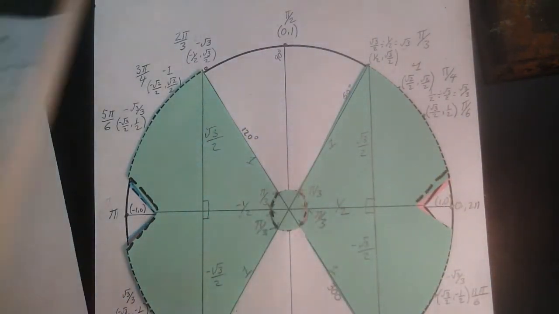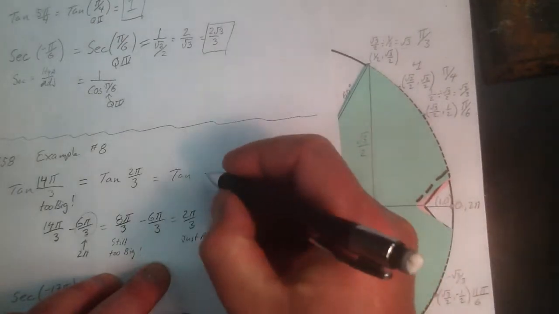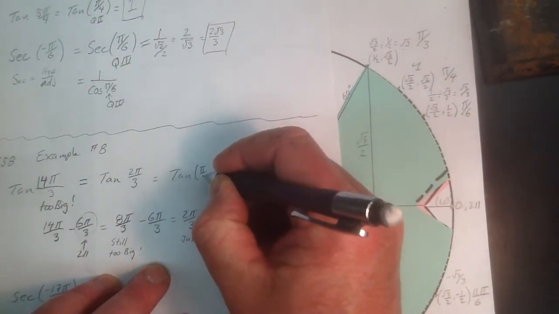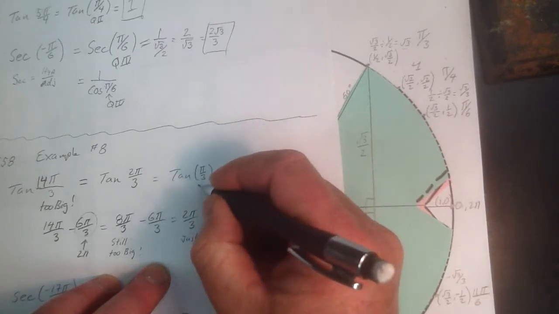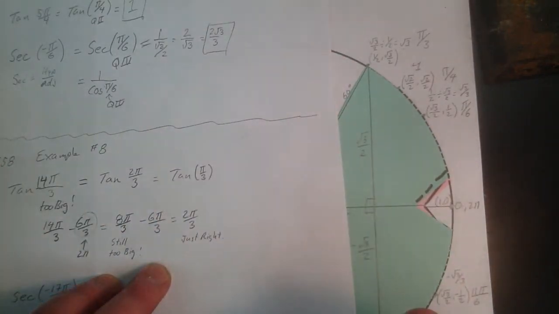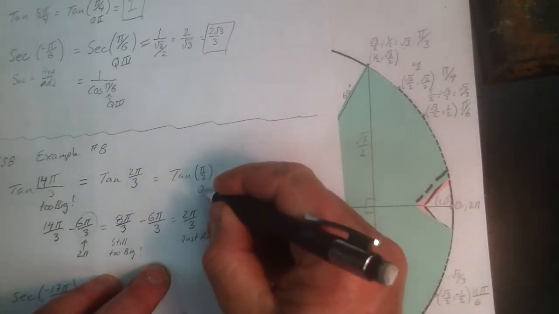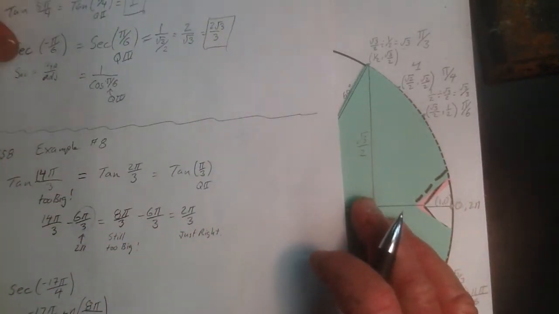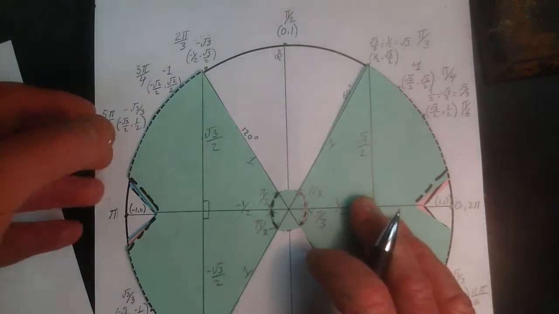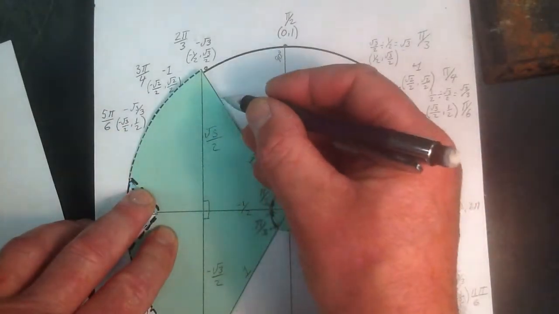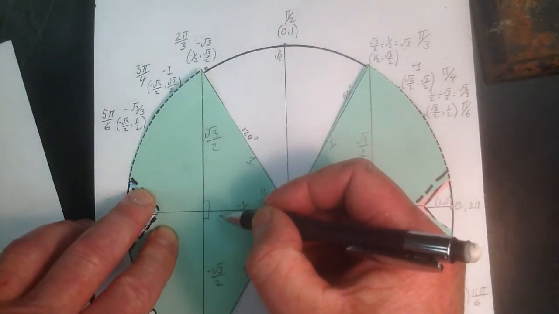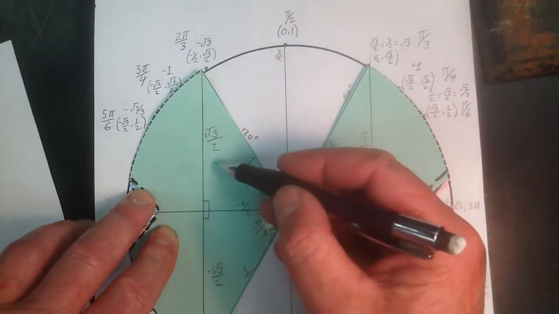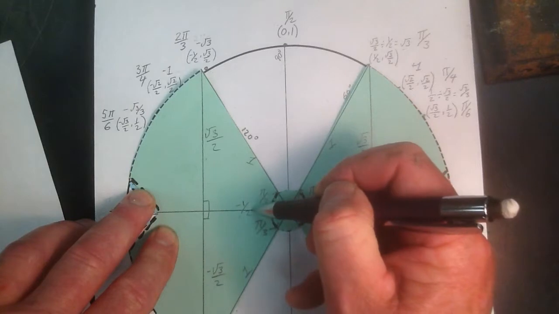So I'm going to do the tangent of pi over 3, as it is written in quadrant 2. That means of all these triangles that we have drawn, this is the one that I'm going to use. Tangent is opposite over adjacent.